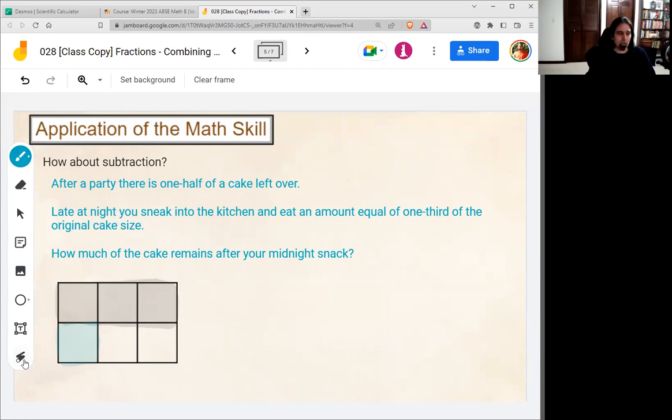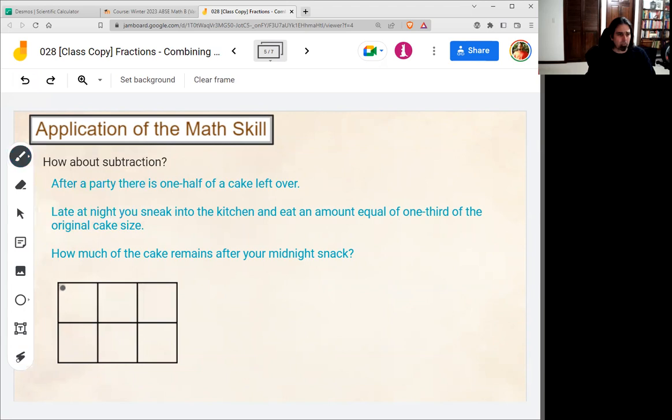It looks to me like you added more cake, like someone snuck and put their piece back. I think the gray shading is making this a little hard.